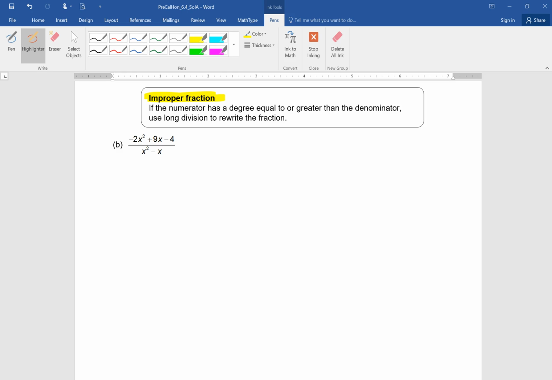In either case, if you have an improper fraction, then you have to start with long division to first rewrite your fraction, okay? So let's do long division here. Clearly we cannot do synthetic in this case because the divisor is not linear, okay?